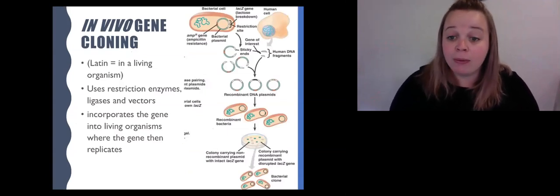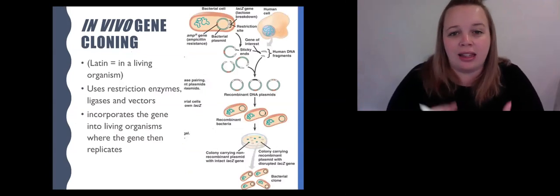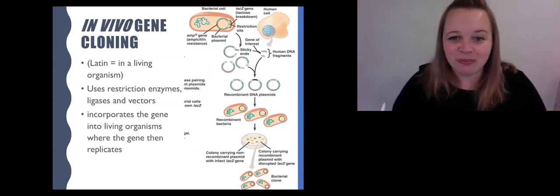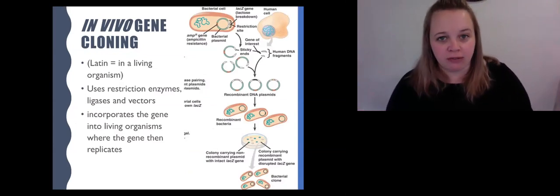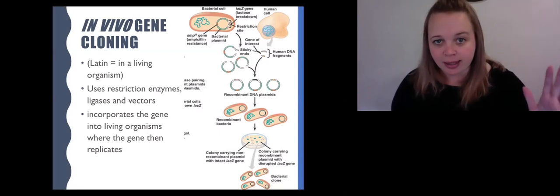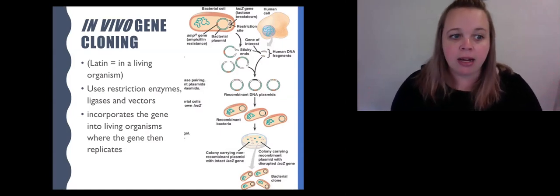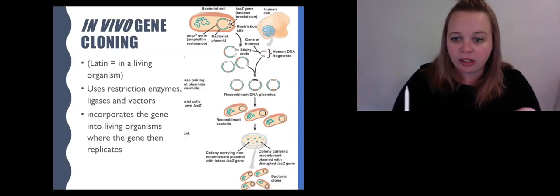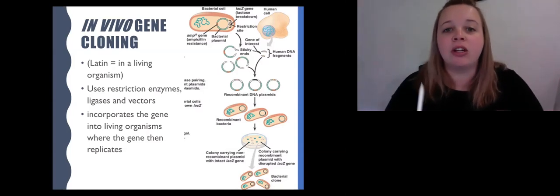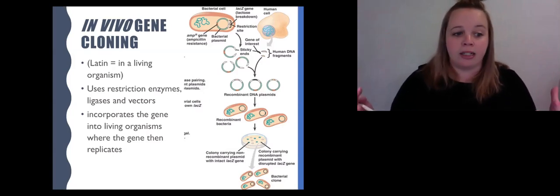The first type of gene cloning I'm going to talk about is gene cloning in vivo, so in a living organism. This is when you use a bacterium to produce many copies of a gene. We've already done this in terms of the process, so you can go back and watch the video on bacterial transformation. In vivo gene cloning is just making many copies of a gene in a living organism, usually a bacterium.